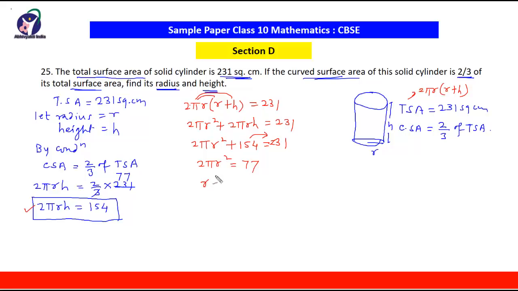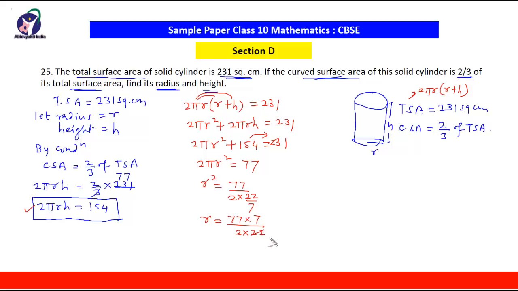So it will be r square is equal to 77 by 2 into pi, where pi is 22 by 7. So 7 will go to the numerator, and therefore r square is equal to 77 into 7 by 2 into 22.